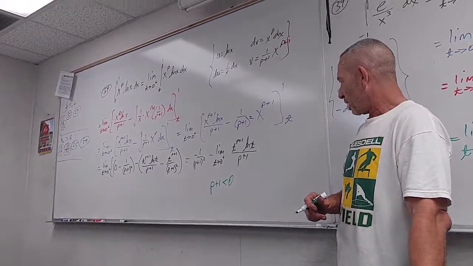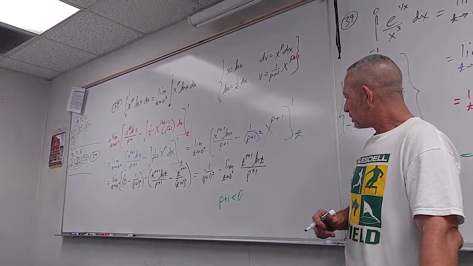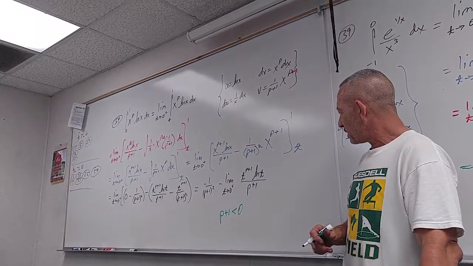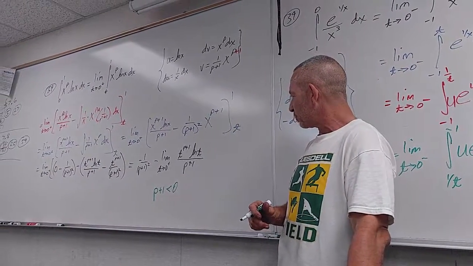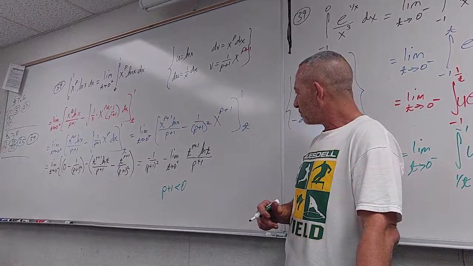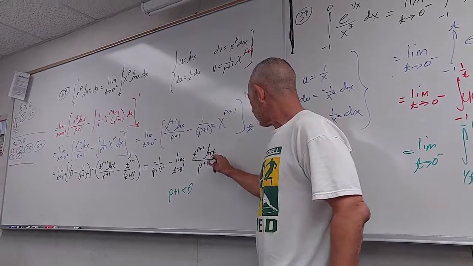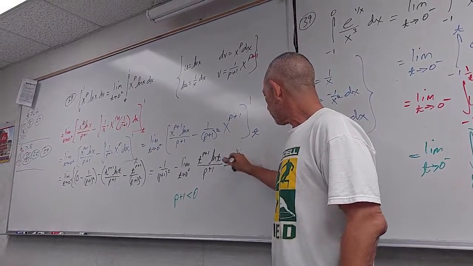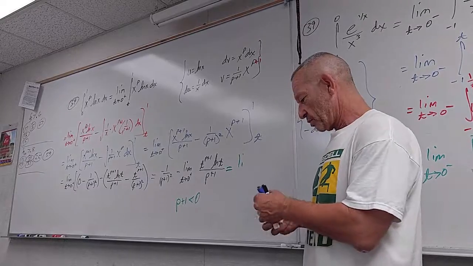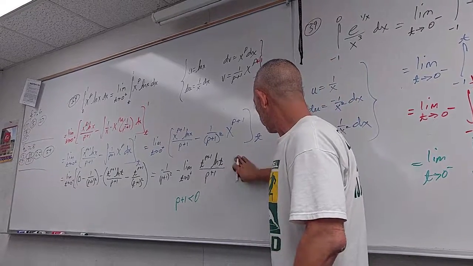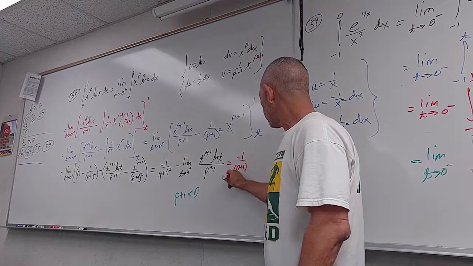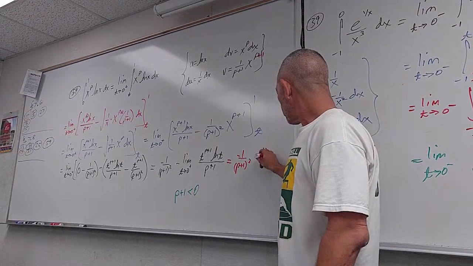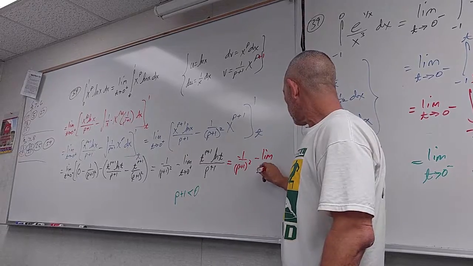Here's why once again. If we leave t in the numerator, we have 0 times infinity, which is an indeterminate form. So let me write this now like so. I think this will make it a little easier to see. Go back to red, it's easier to erase. Equals minus 1 over p plus 1 squared minus the limit as t goes to 0 from the right.